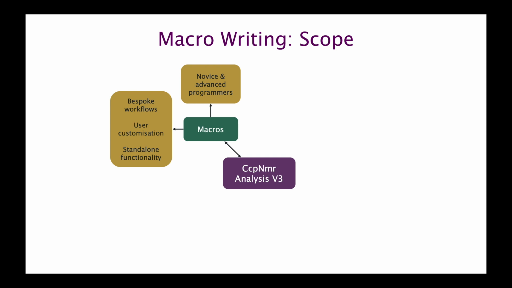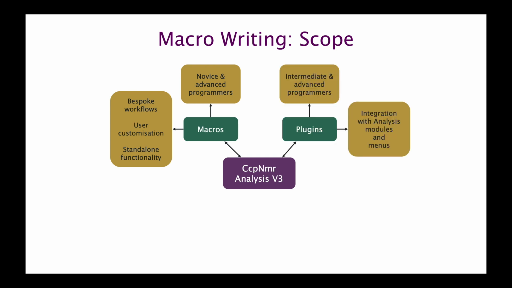It's a way in which you can create your own workflows, customize the program, create your own functionality, but they will always be standalone. If you want to actually start interacting with our menus, with our modules, then what you need to do is to create a plugin. And that's something that will require intermediate to advanced programming skills.